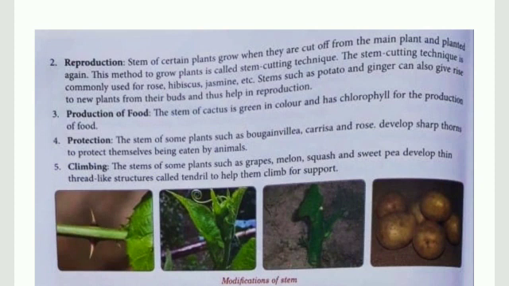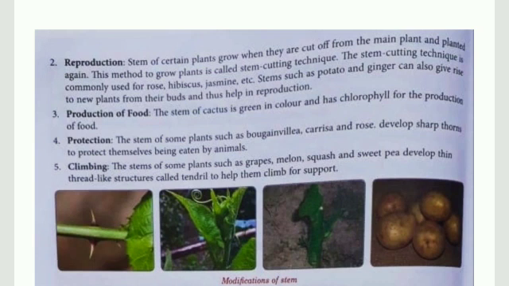The stem cutting technique is commonly used for rose, hibiscus, jasmine, henna, etc. Stems such as potato and ginger can also give rise to new plants from their buds and thus help in reproduction. Every bud grows into a new plant in the case of potato and ginger.